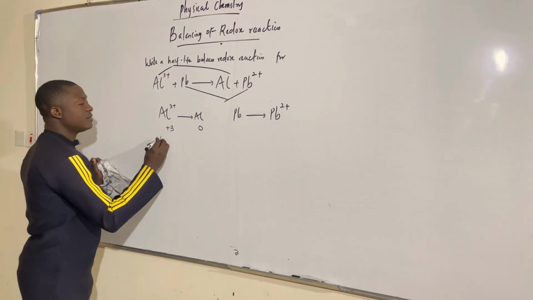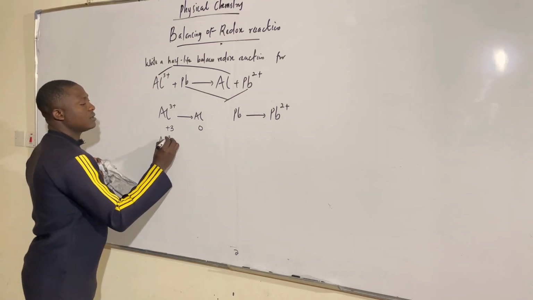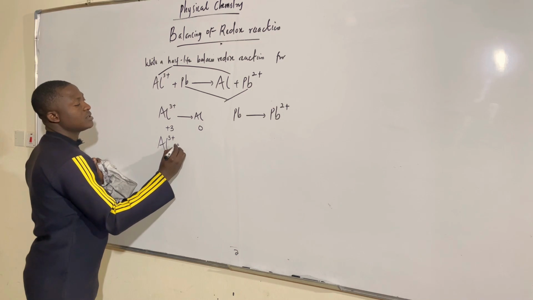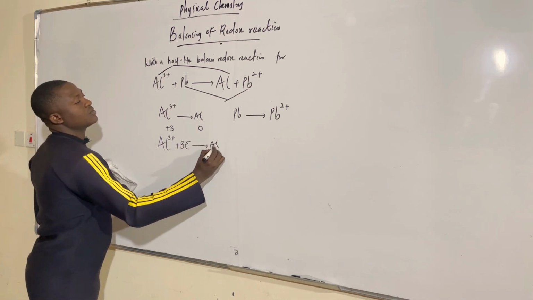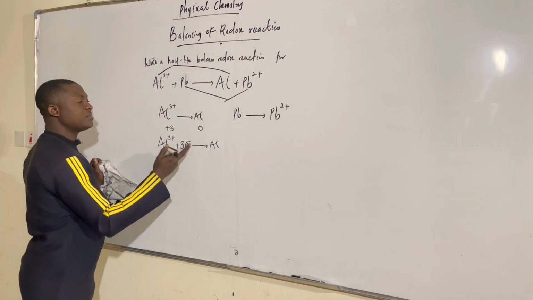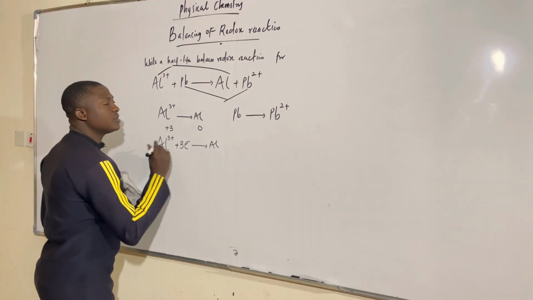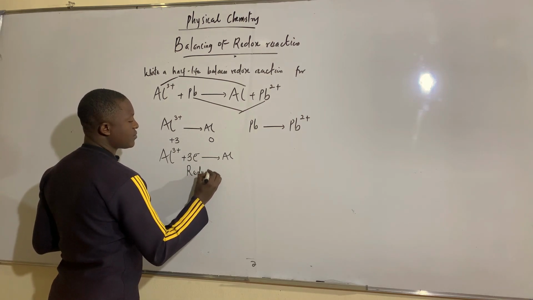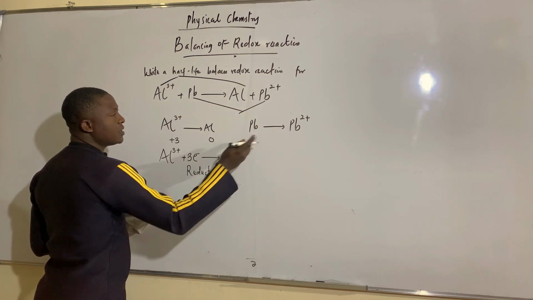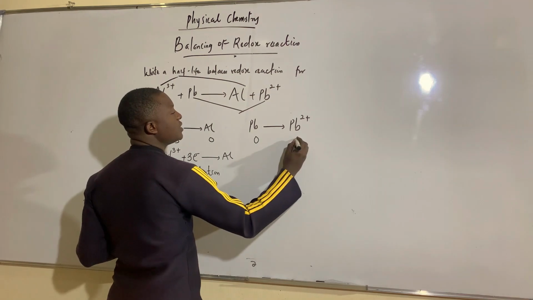So that means that we have Al3+ plus 3 electrons to give Al. Can you see that? By the time 3 minus 3, that's going to be 0. So when we subtract the electron from here, as I mentioned earlier, it's called reduction. Okay? Let's go to this side. So here is 0, here is 2.